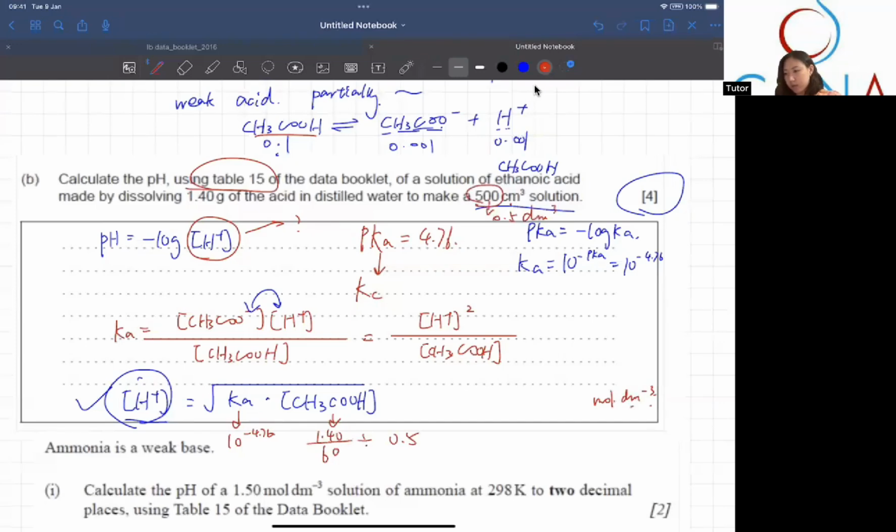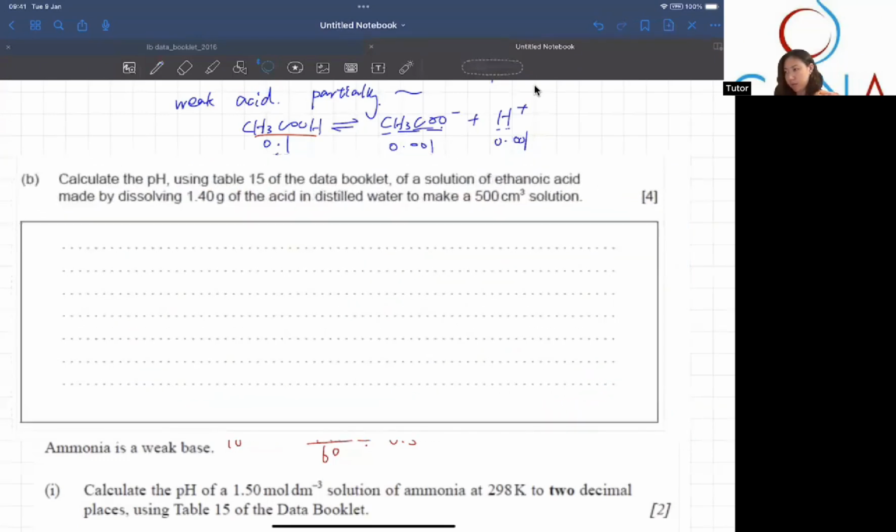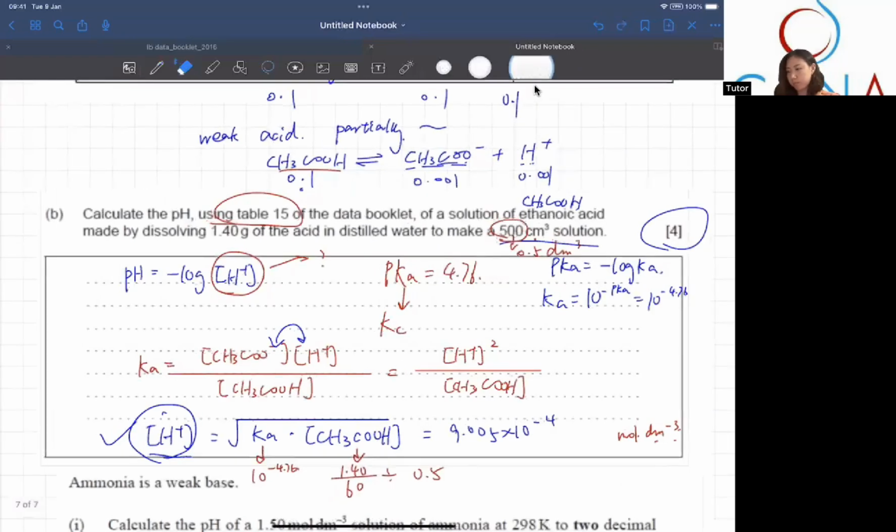Okay, so now we put everything into the equation. We should get a final answer of approximately 9.005 times 10 to the power of minus 4 mole per dm cube. Whoops, sorry. Mole per dm cube.